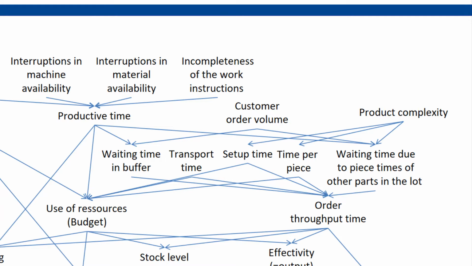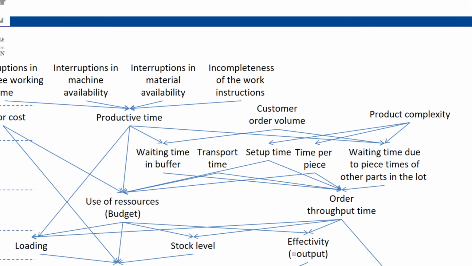And we also get different waiting times, transport times, setup times in our production. So it depends how good our production is able to manage that issue to speed up and get a shorter order throughput time.